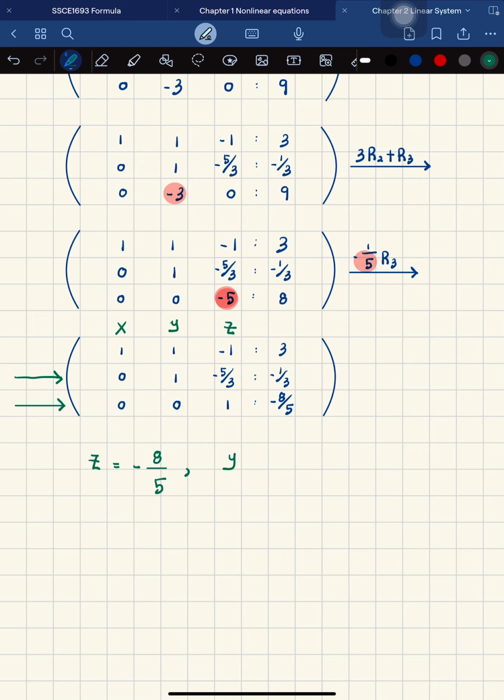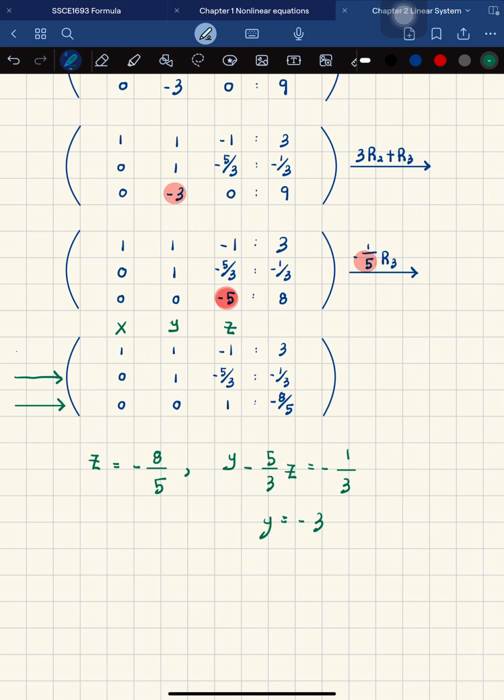We have Y minus 5 over 3 Z equals negative 1 over 3. So Y is equal to negative 1 over 3 plus 5 over 3 multiplied with Z, negative 8 over 5. So the answer is negative 3.